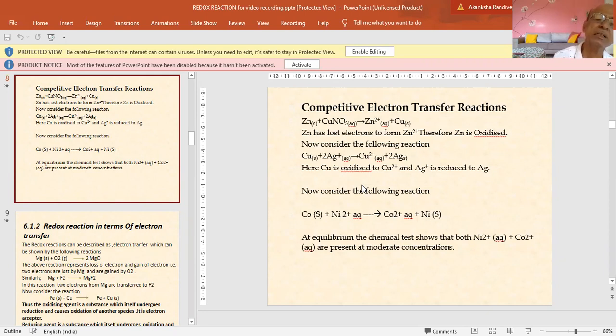Now consider another reaction, the third reaction. Cobalt solid plus nickel 2 plus aqueous produces cobalt 2 plus aqueous plus nickel solid.